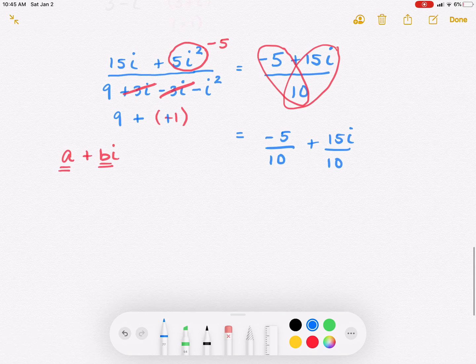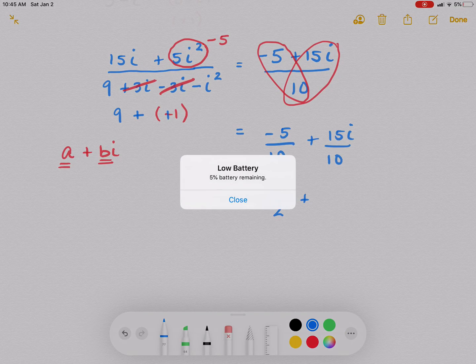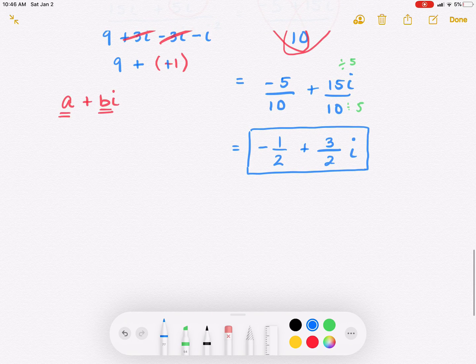And we can then simplify each of these. Well, -5/10 makes -1/2, and 15/10, if we think about dividing by 5 and dividing by 5, this is going to be 3/2 i. And that's how we would write our final answer, a real part of -1/2 and an imaginary part that's 3/2 i.